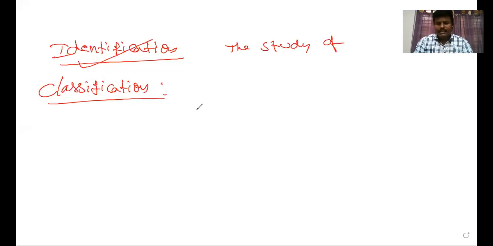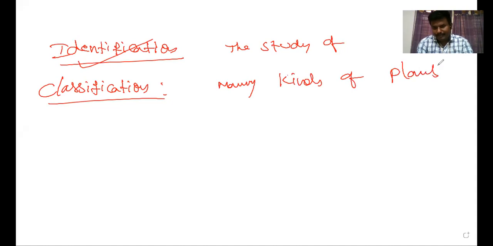Next important step is classification. All around ourselves, we see many kinds of plants and animals. They all exhibit various degrees of resemblances and differences.